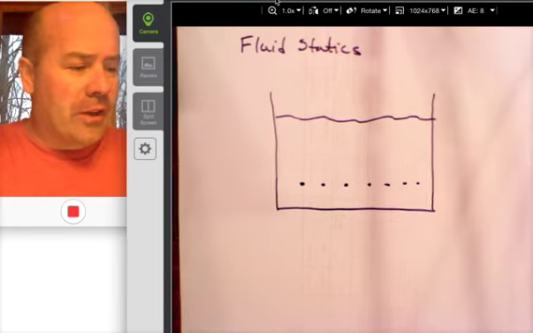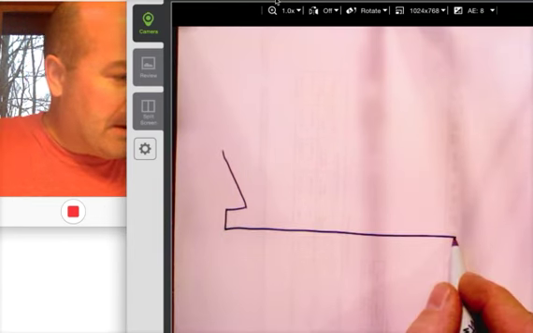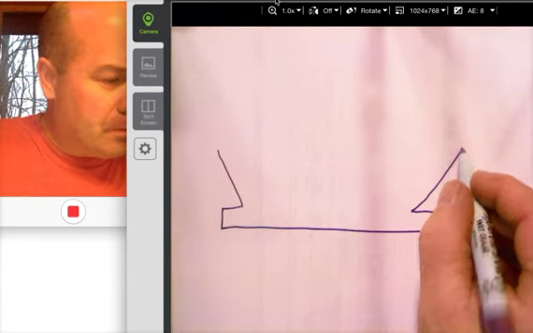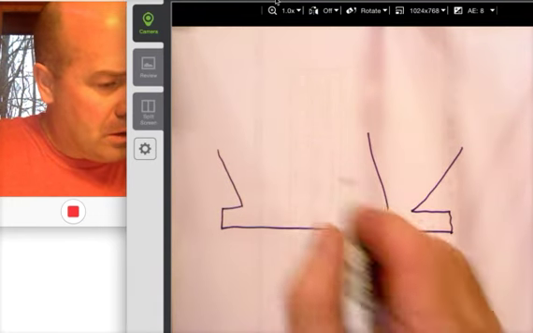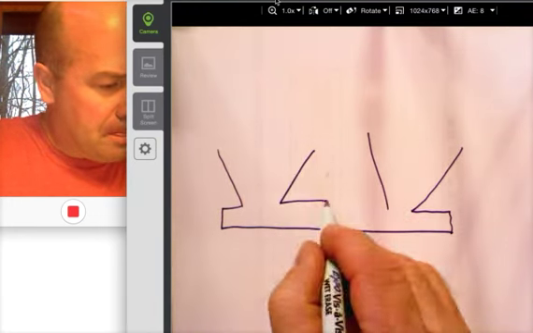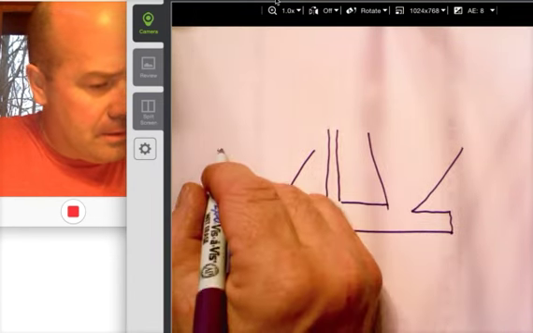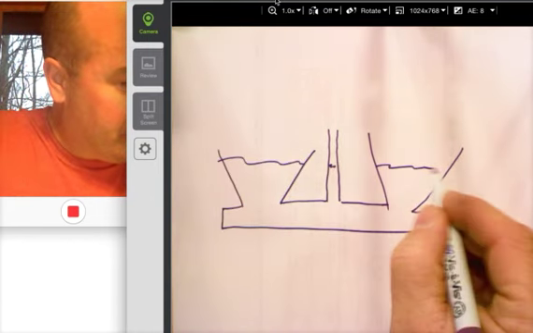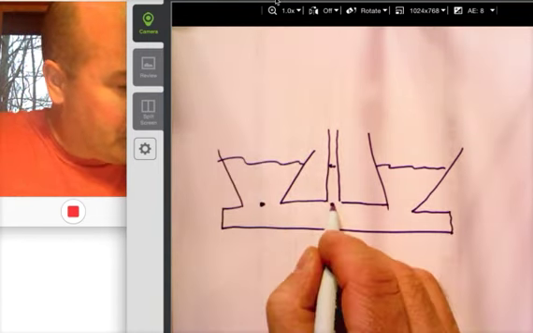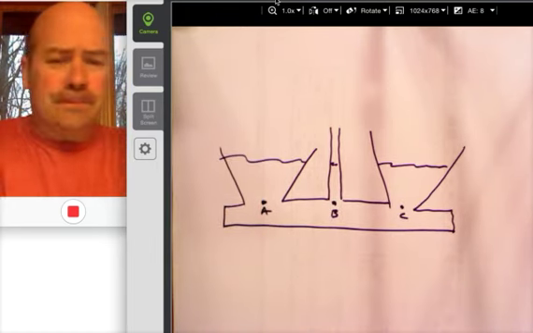So one of the fun things that I used to draw when I was working in the Navy is ask this question. So you got all these different tanks, different shapes, different sizes, and where is the pressure greater, at point A, point B, or point C?